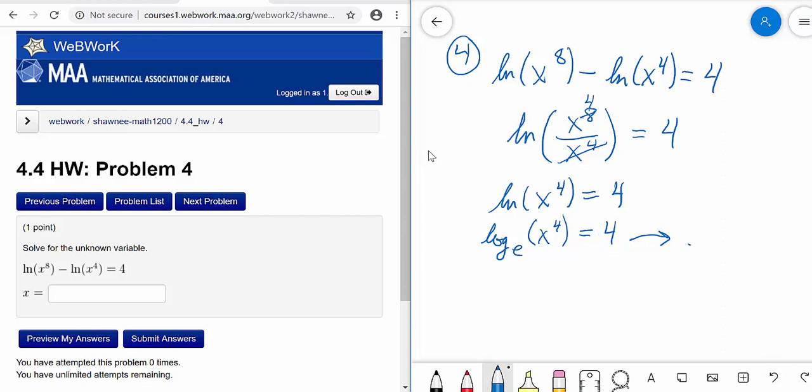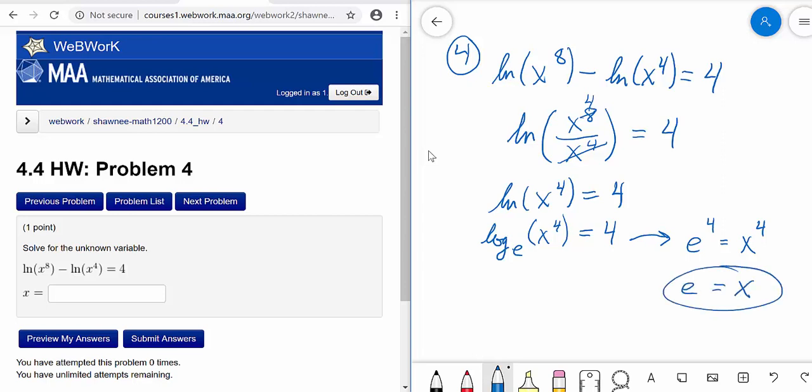So we have e to the power 4 equals x to the power 4. By comparing the two sides, if we take the 4th root of both sides, and note that we only want the positive root, we see that x is going to have to equal the number e.